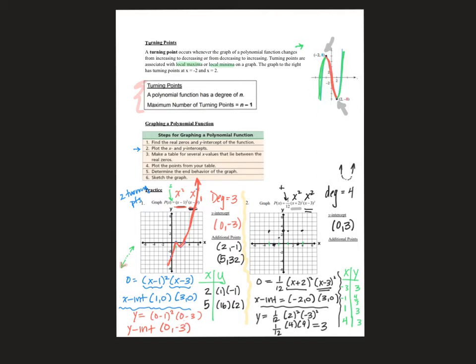Well, I know the degree was 4, so it's going to look parabolic. We said that up here, which means it's going to start up and end up. Leading coefficient's positive. And let's connect those points. So it's going to start in the second quadrant. It's going to start up here. It's going to pick up that (-3, 3) point. And as it heads down here, let's look at our equation. I got the -2 from this.